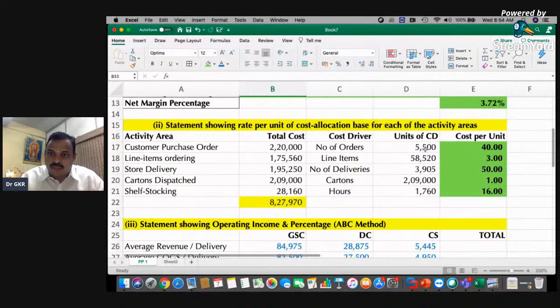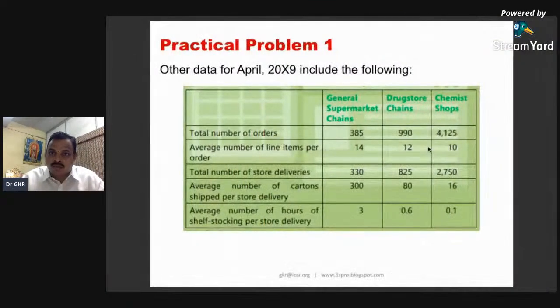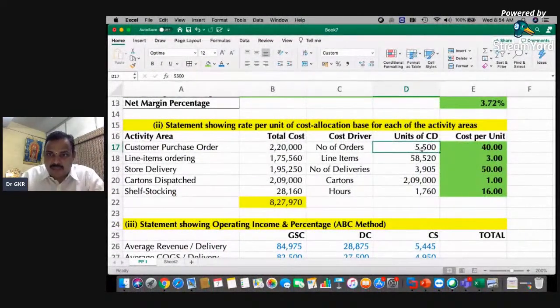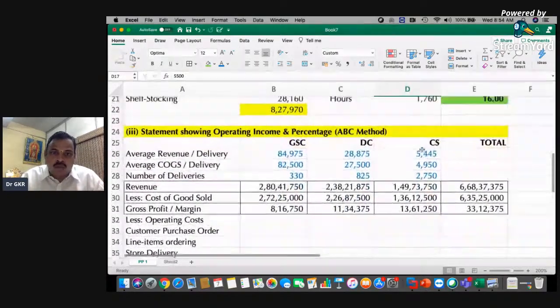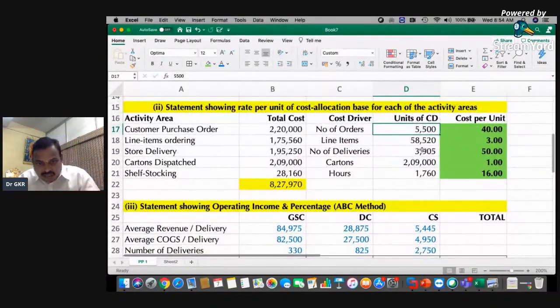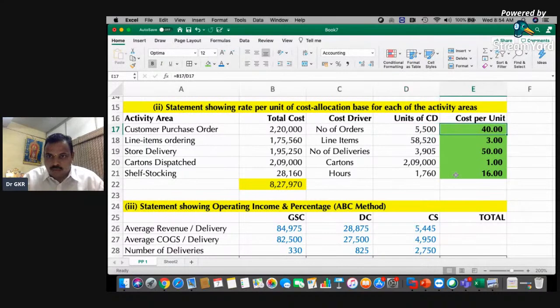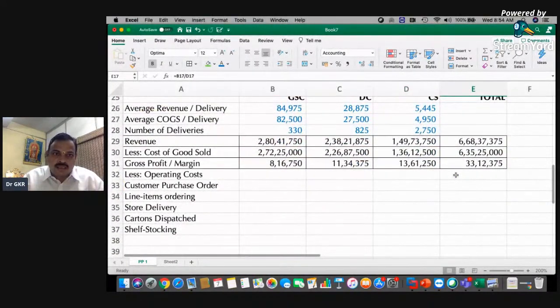So please look at 5,500. How you got 5,500? 4,125 plus 990 plus 385 is equal to 5,500. So this 2,20,000 I am going to distribute for these three verticals, using 40 rupees. Okay. So let us do this, guys. What is your number of customer purchase orders?